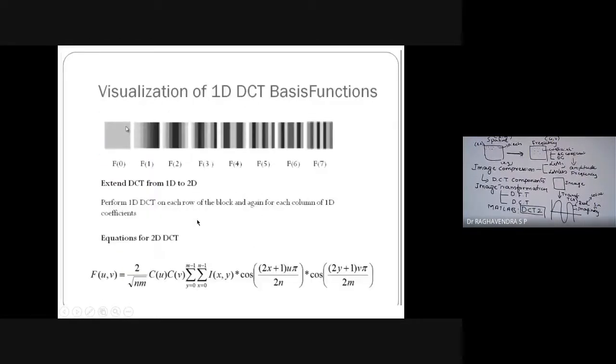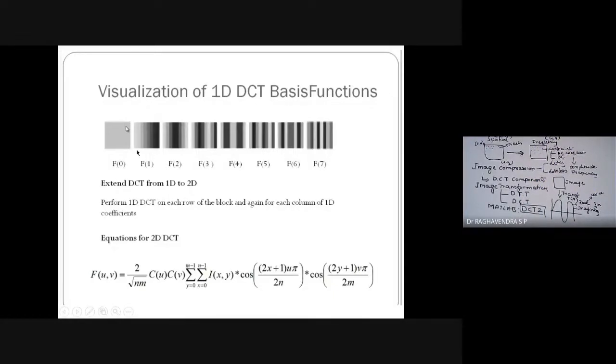So now this is the visualization of 1D DCT basis functions, because any image in the frequency domain can be accumulated through the basis functions. So these are the basis images. Basis images are the fundamental images. On these fundamental images we build the original image. So this is band 0, F of 0, this is F of 1.